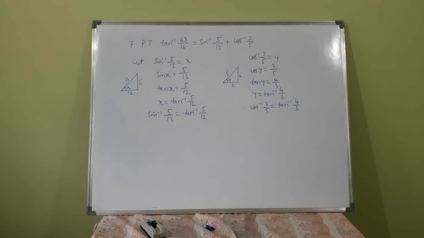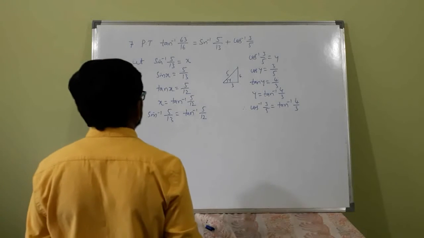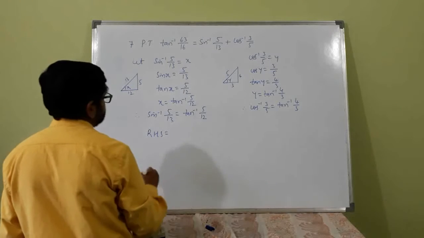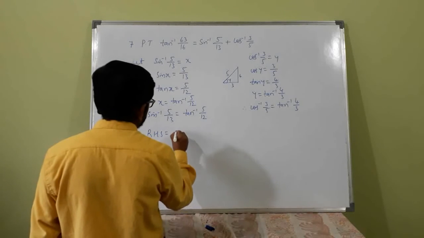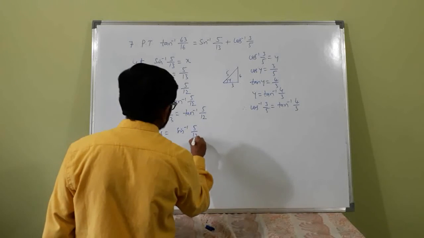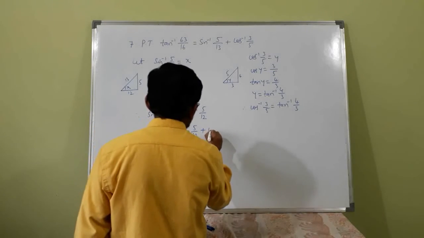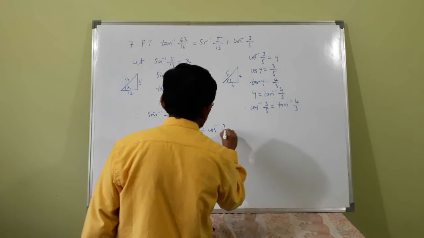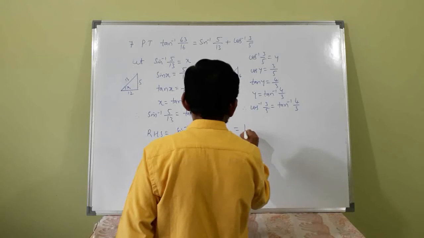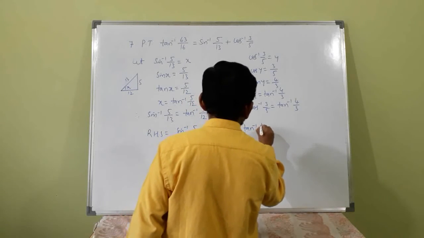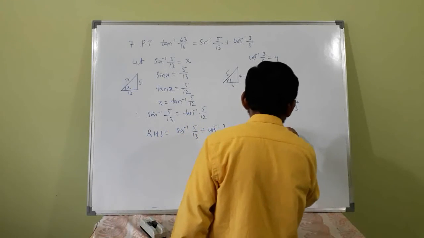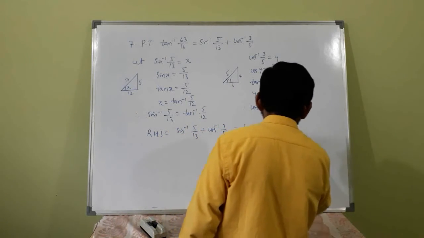Okay, now RHS is equal to sin inverse of 5 by 13 plus cos inverse of 3 by 5, which is same as tan inverse of 5 by 12 plus tan inverse of 4 by 3.